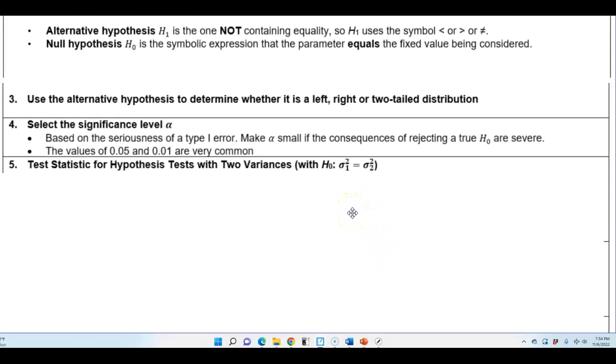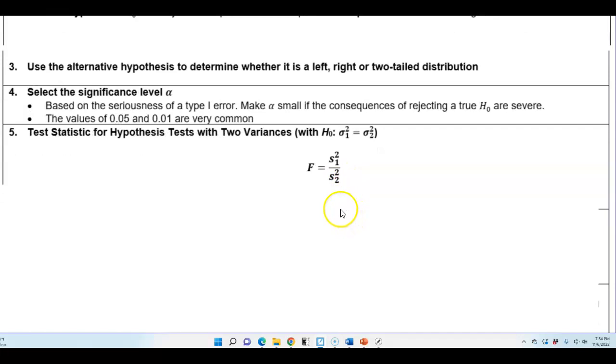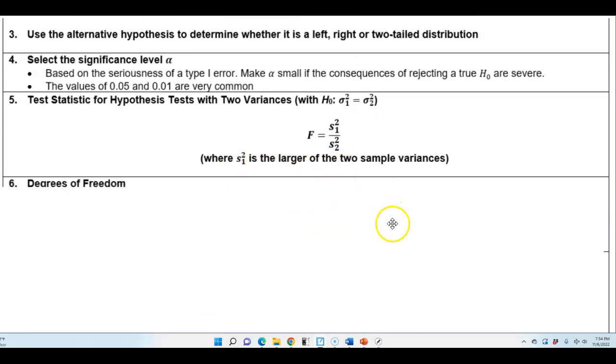Number 5, the test statistic for hypothesis tests with two variances, with the null hypothesis being that the variance of population 1 is equal to the variance of population 2. So F is going to equal the sample variance 1 divided by the sample variance 2, where sample variance 1 is the larger of the two sample variances.